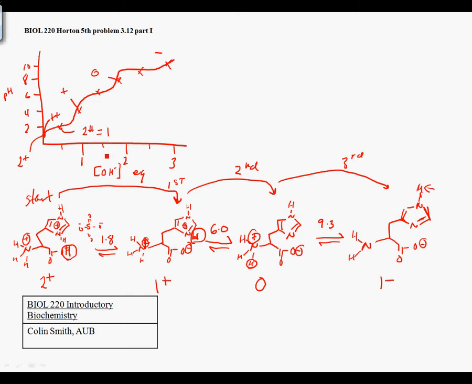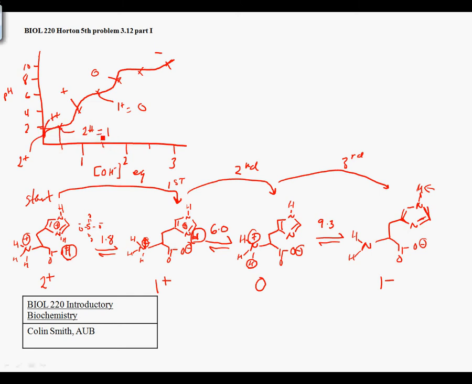At 1.5 equivalents, we're going to have 1+ and the neutral form equal. So it's going to be poised between these two, and that's at pH 6.6 here. So we expect after half an equivalent, this goes over to 1.8.